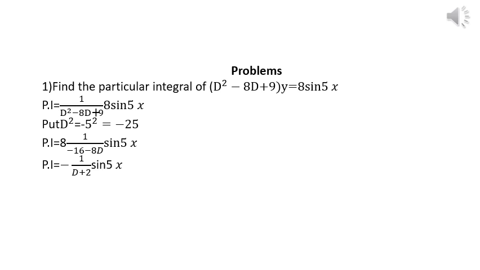Denominator, after using the formula a square minus b square, we get d square minus 4. Now substitute d square is equal to minus 5 square, that is minus 25, in the denominator, not in the numerator. When putting d square equal to minus 25, the denominator is not equal to 0. So what happened? The value is minus 29.